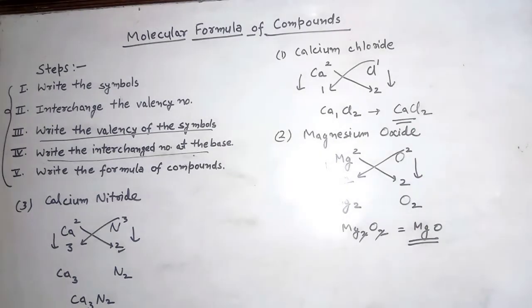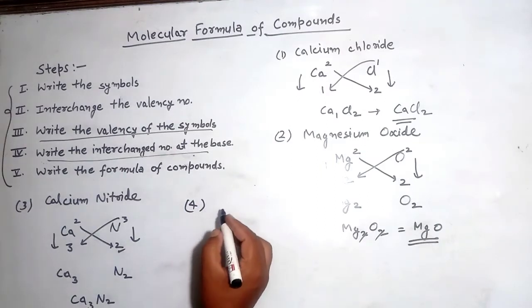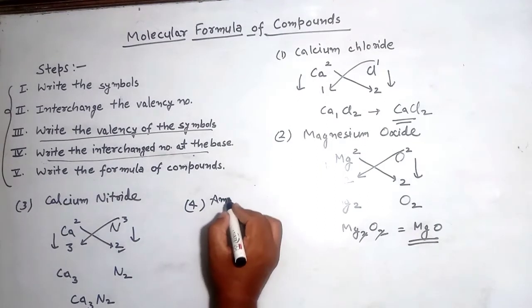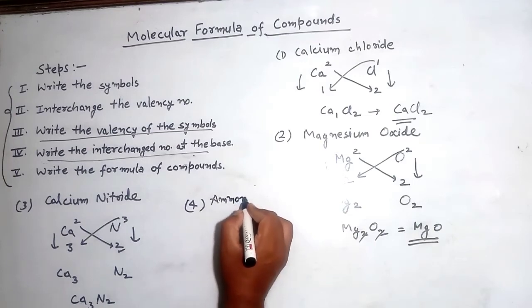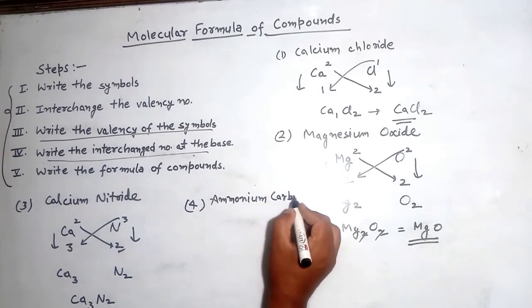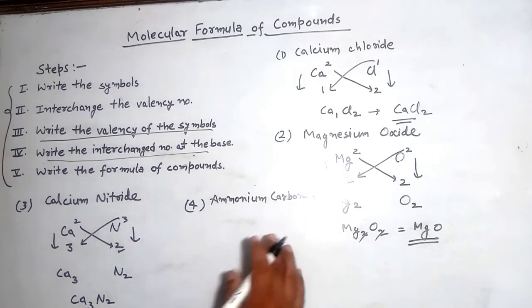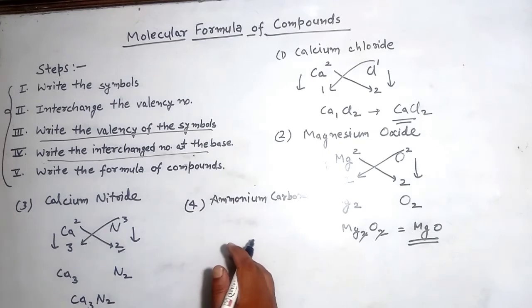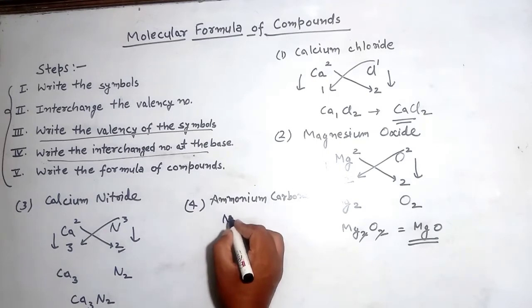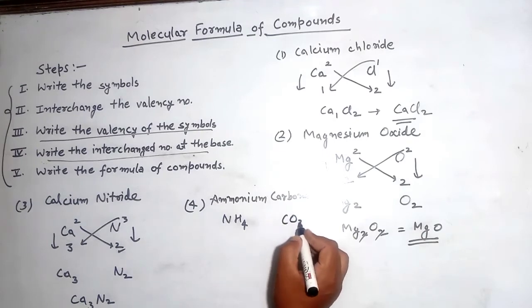In the same way, one more example is ammonium carbonate. We know the symbol for ammonium is NH4, and for carbonate it is CO3.